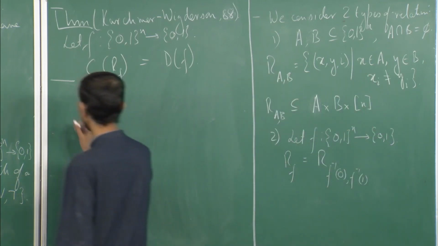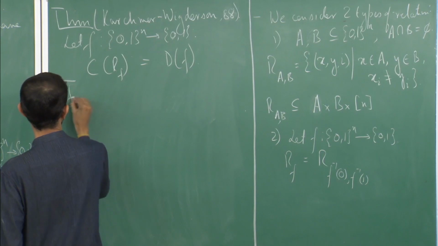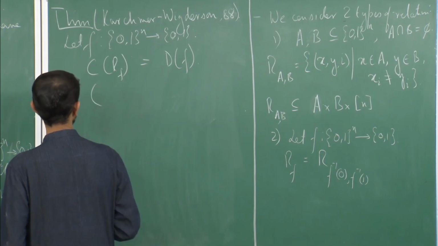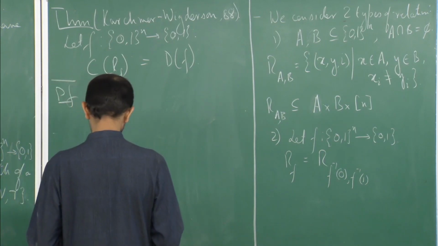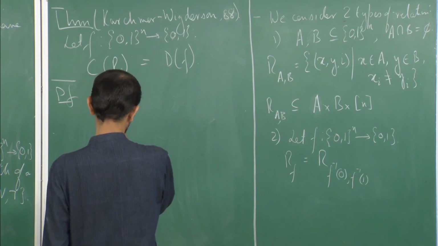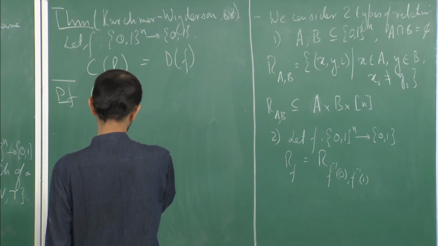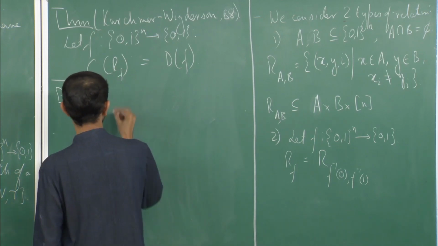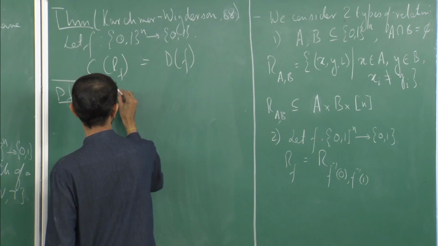First, let us prove the direction that given a circuit, there is a communication protocol.